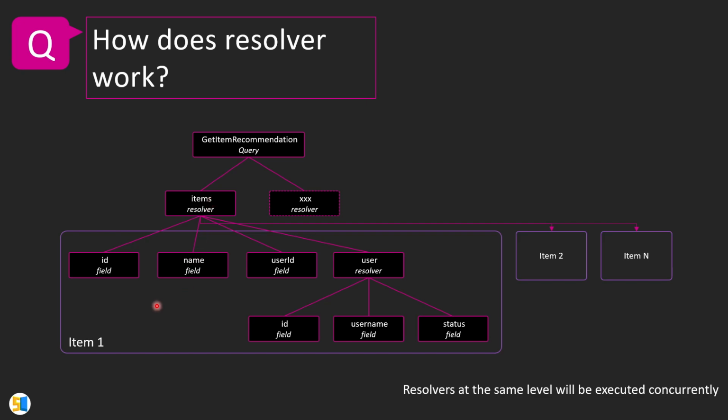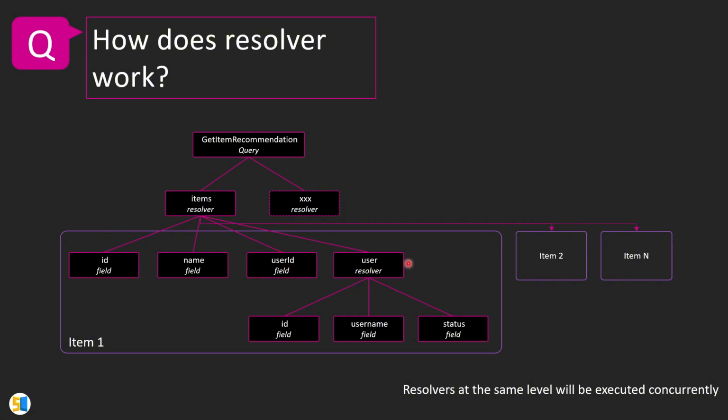So for each item, the resolver will visit the fields that we selected in the query, right? In this example, we select the ID field. Okay, you selected the ID field in the query, then I will fetch that and put it in the output object. And then the name field, and then the user ID field, and then the user field.